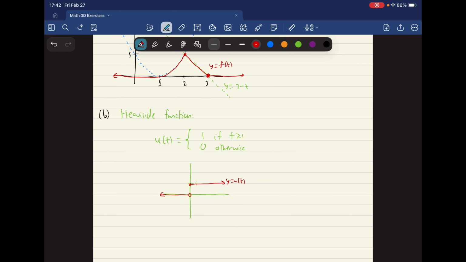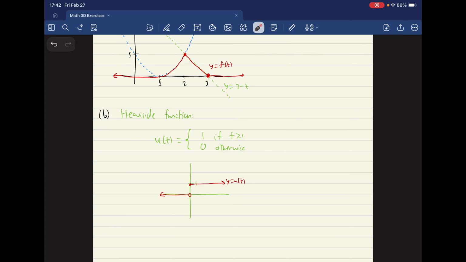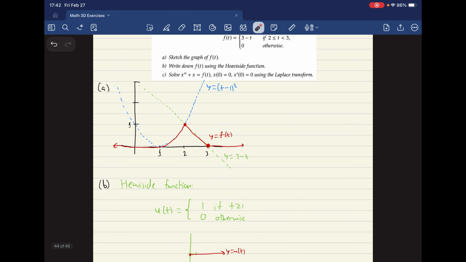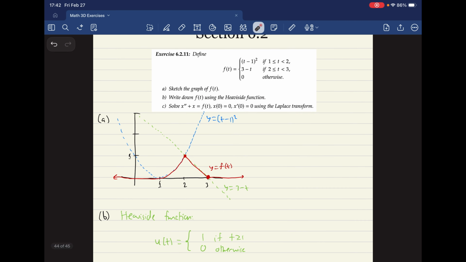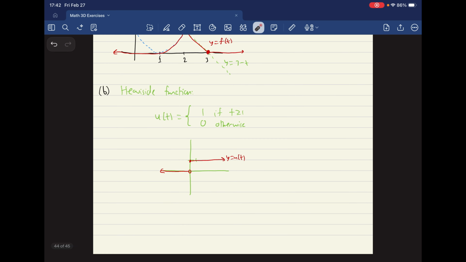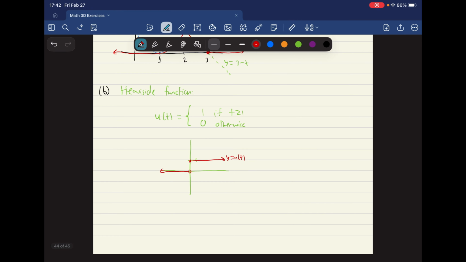But again, what we need here is to express f of t using this function. How are we going to do this? Well, the key here is to express each of the pieces first individually using this Heaviside function. So let us go ahead and do this.